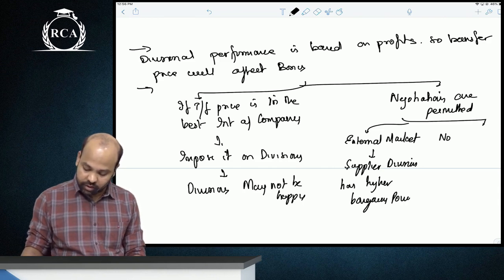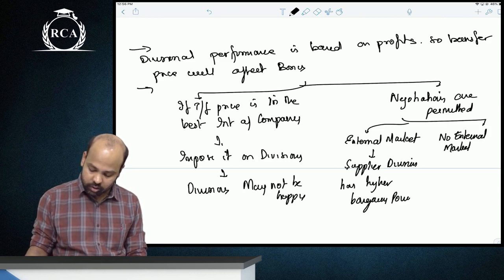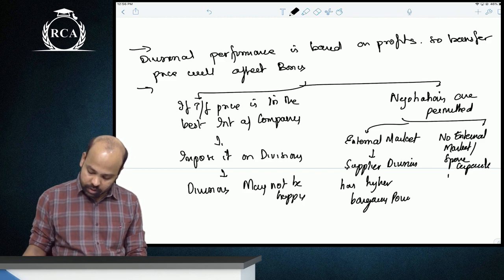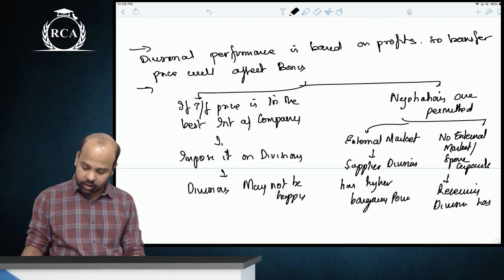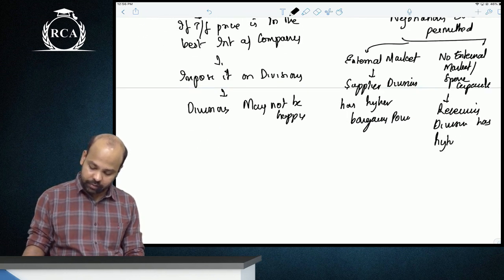If there is no external market or there is spare capacity, the receiving division, the buyer, has higher bargaining power.